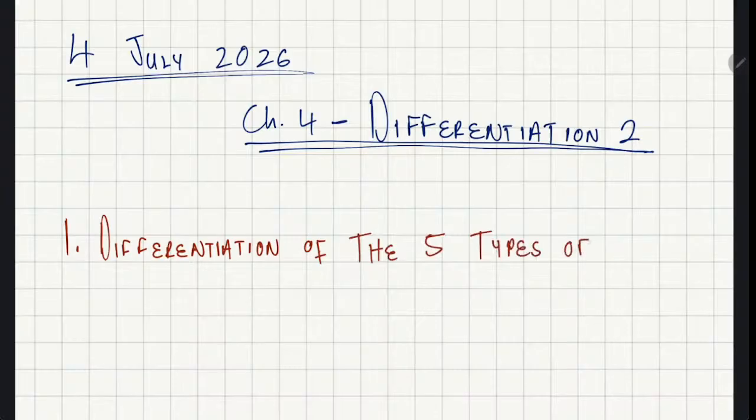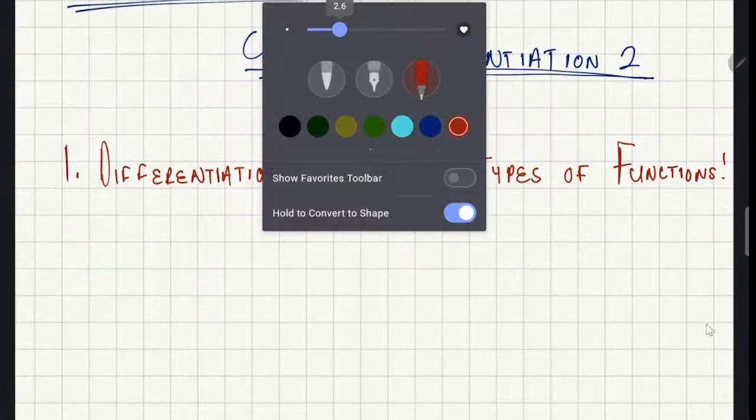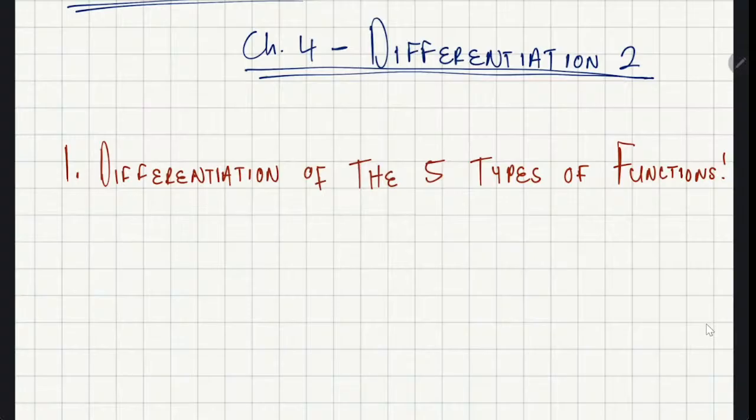So listen, they split the functions for you. Some come in P1, some come in P3. Okay, listen. When you are differentiating, the first thing that you must know is, how do I differentiate?